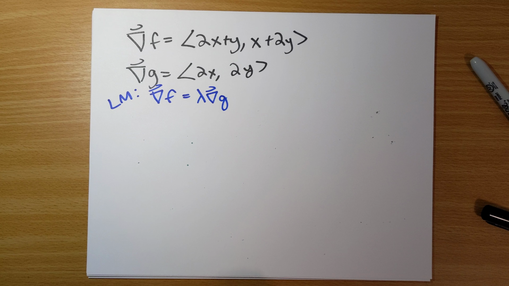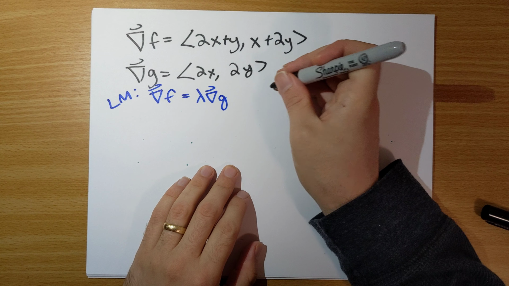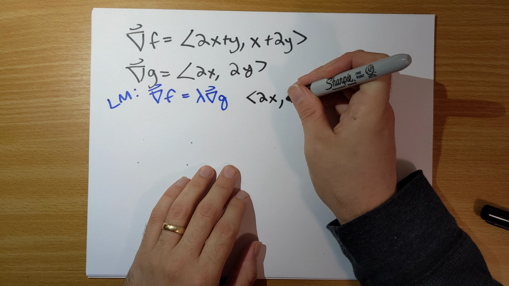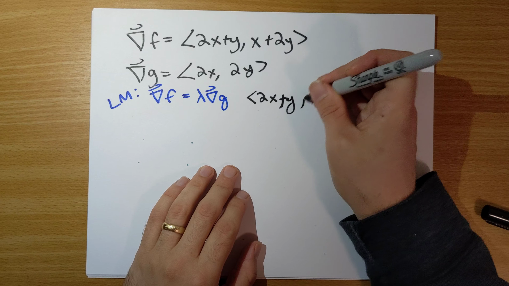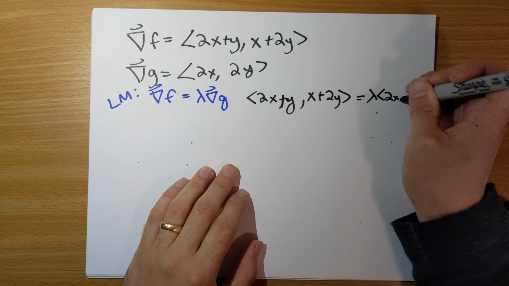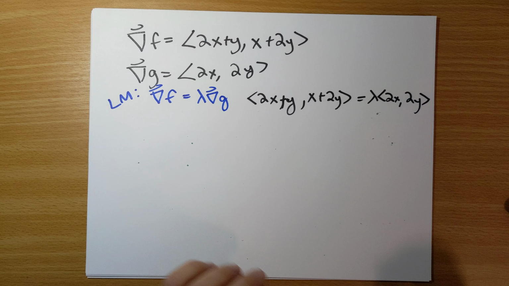And this will give us (2x + y, x + 2y) = lambda times (2x, 2y).